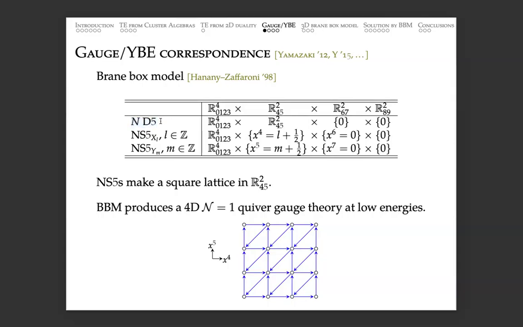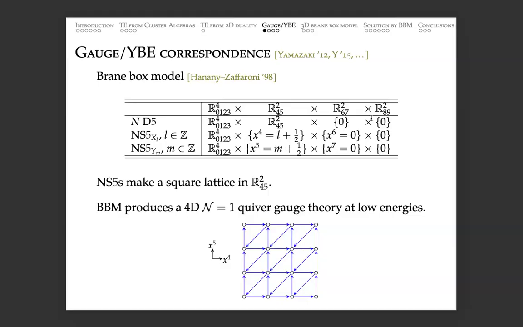What I do is take n of them and stack them together, and I place these n D5 branes inside the 10-dimensional space-time and say that they extend in the R^4, 0, 1, 2, 3 directions and R^2, 4, 5 directions. But let's say that they sit at the origin of the R^2, 6, 7 and 8, 9 directions.